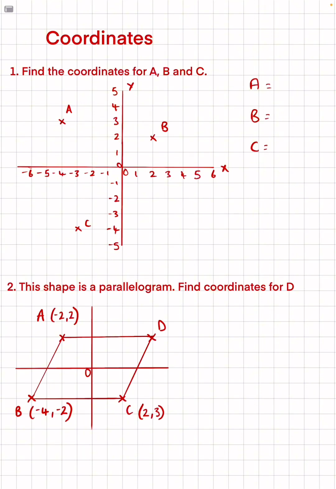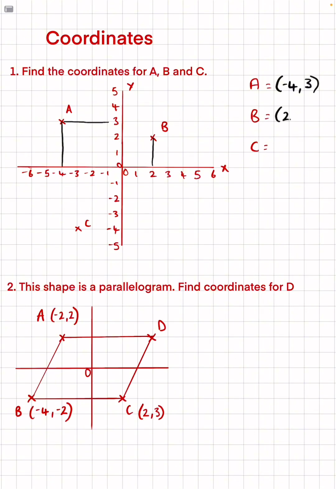To find the coordinates for point A, we're going to draw a vertical line to the x-axis to get the x coordinate, which is -4, and a horizontal line to the y-axis for the y coordinate, which is 3. To find the coordinates for point B, we're going to draw a vertical line to the x-axis.